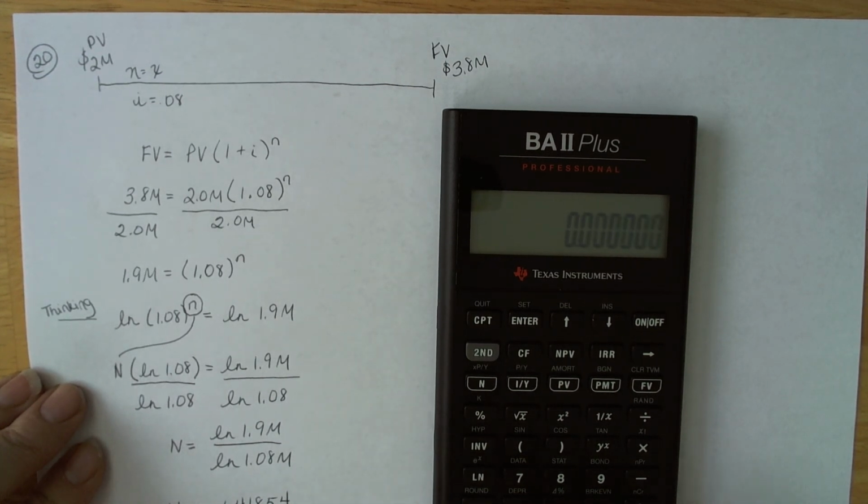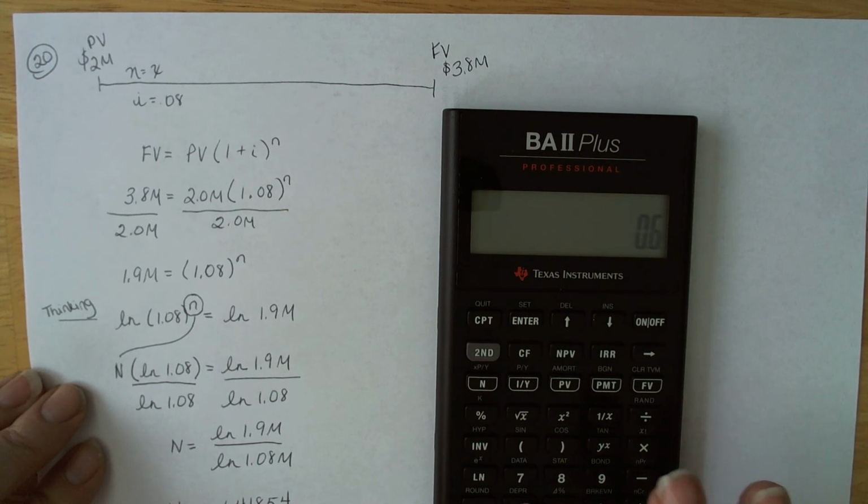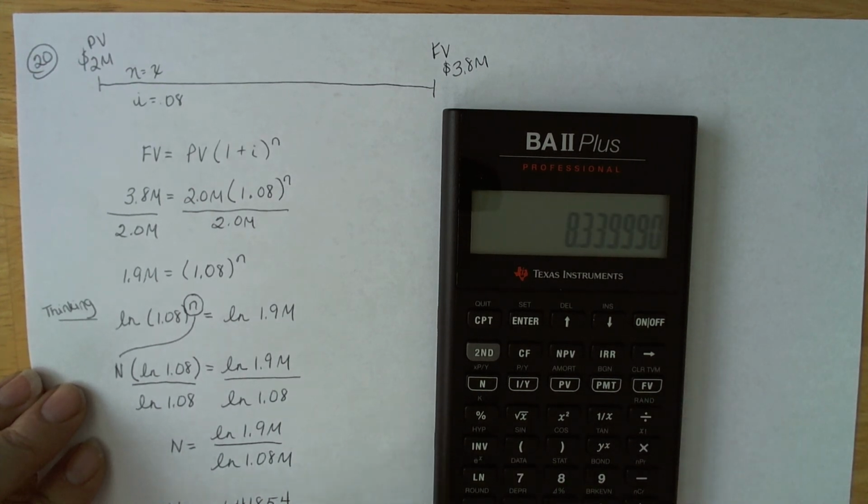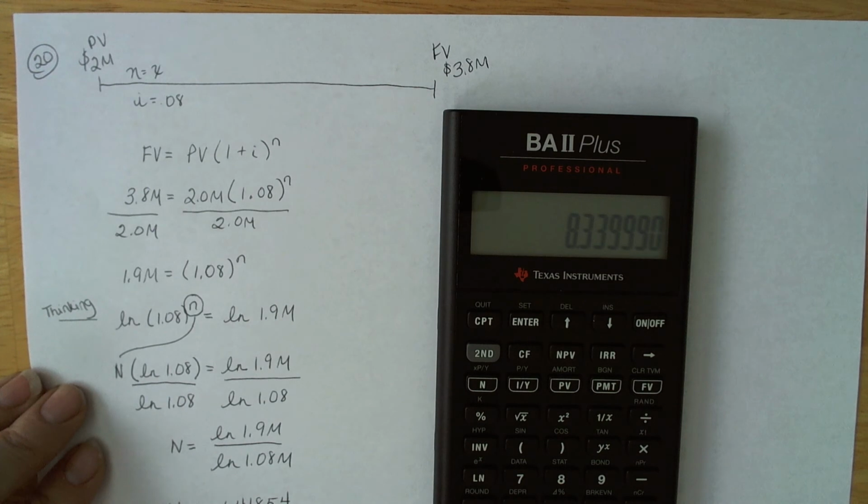And that tells me that when I divide 0.641854 by 0.076961, I get 8.33999 years.